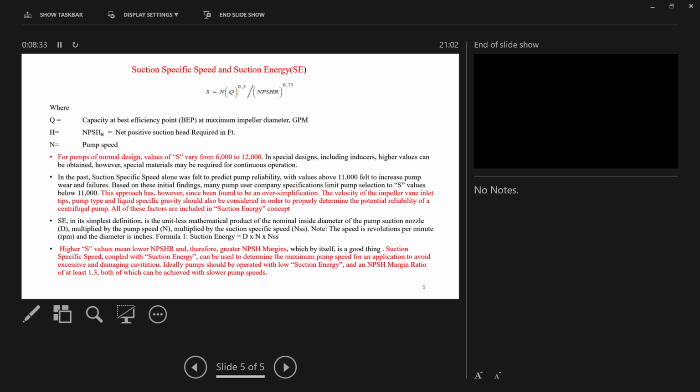It is a dimensionless unit, and suction specific speed varies with RPM. I have shown you that D2 by D1 greater than 2 means it's radial, 1.2 to 1.5 it is mixed, and if it is 1 or less than 1, then it is totally axial.